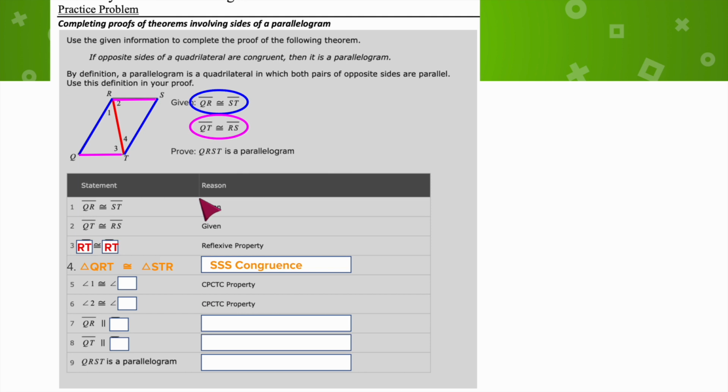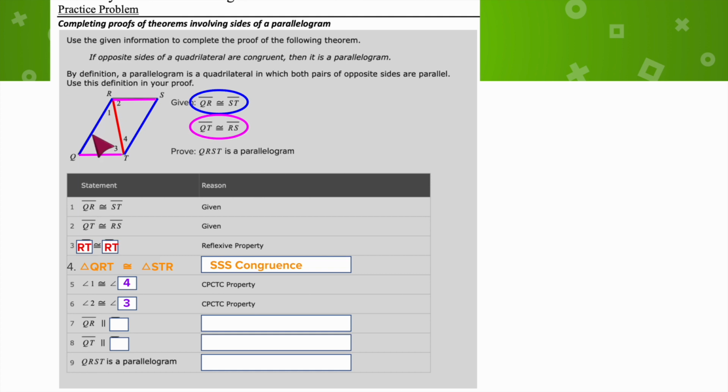The corresponding parts means that I have to match them up. So 1 corresponds to 4 and 2 corresponds to 3. We can see this down here. I kind of have to flip this triangle around to make sure, because I can see this, if it's going from blue to pink here, well, I want to do the same thing, blue to pink here.